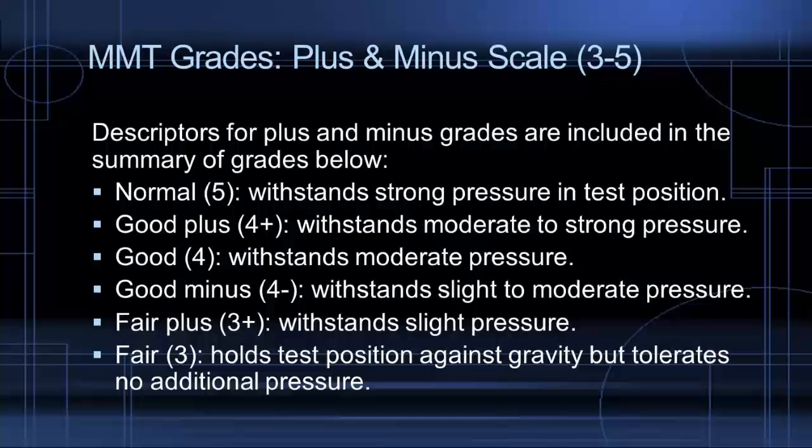We can look at some of the other scales that have functional descriptions that might make a little more sense. Fair plus, 3 plus, it withstands slight pressure. 3 holds the test position against gravity, but you cannot put any additional pressure. So if you added an orthosis or any kind of weight on there, they wouldn't be able to do it.